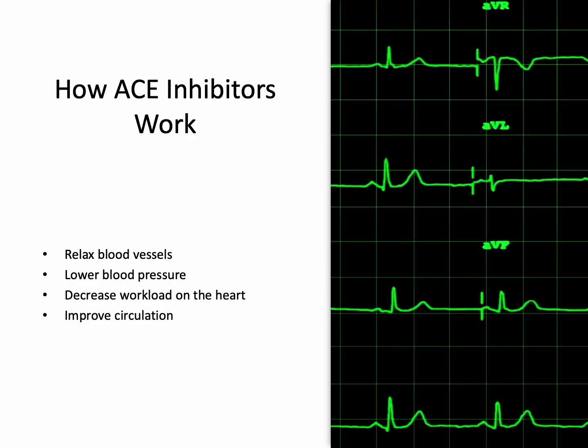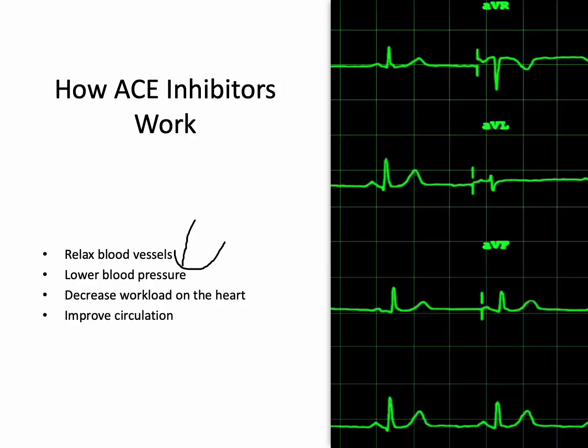So how do ACE inhibitors work? They lower your blood pressure, and they relax the blood vessels. So they relax the blood vessel, causing the blood pressure to decrease, and then decreasing the workload of the heart, improving circulation.